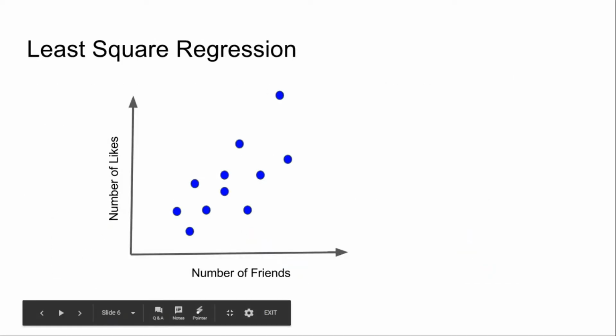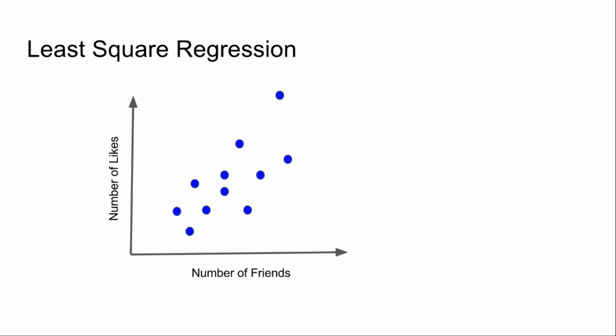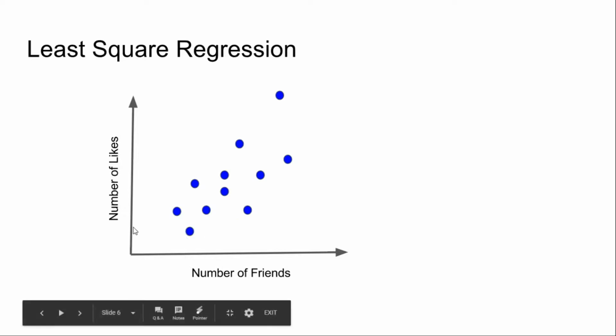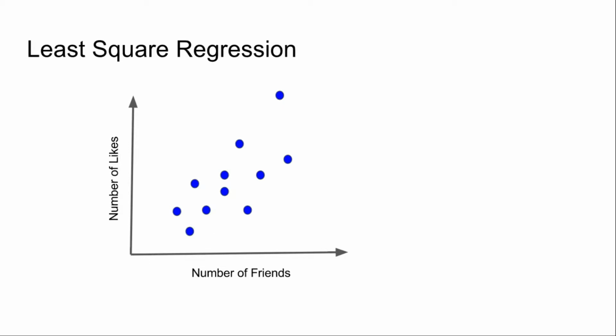Look at this diagram. We have number of friends on the x-axis and number of likes on the y-axis. The more friends you have on social media, the more likes you will get on your photos or videos. So each point has a certain number of friends and a certain number of likes. From this sample, we want to understand how the number of likes increases as the number of friends increases.